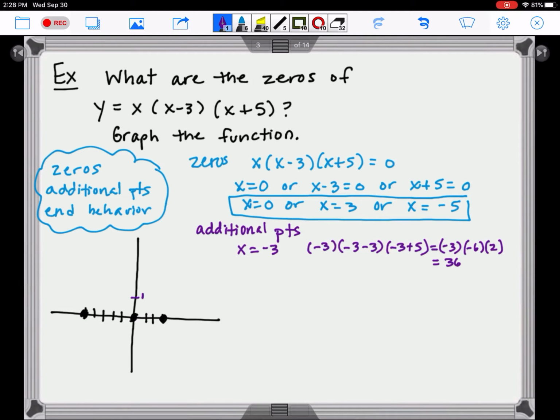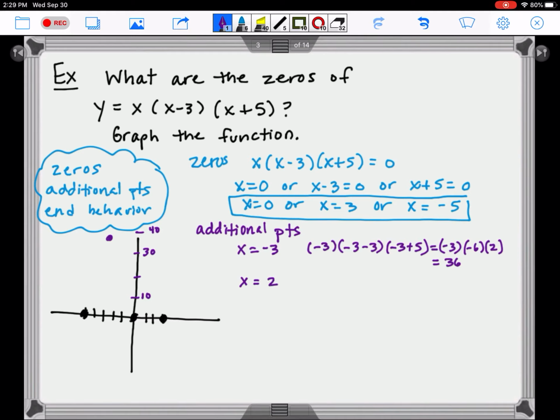So I'm going to go here by tens, and I'm going to graph these additional points. So I'm going to go to negative 3 and 36 and make an additional point. Okay. I'm also going to pick something that is between 0 and 3. So let's just say, I don't know, 2.